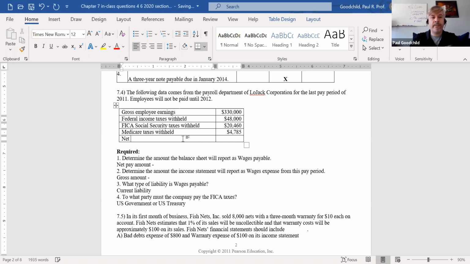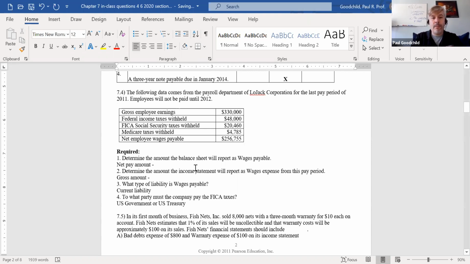So your net wages payable would be the 330,000 minus each of those, which you all pretty much got, 256,755.